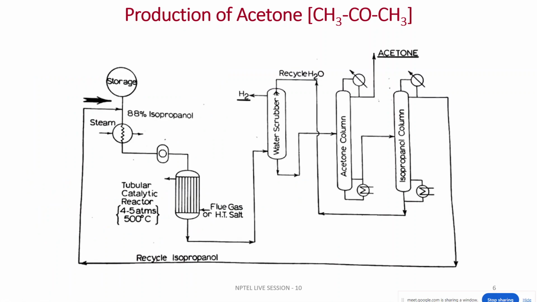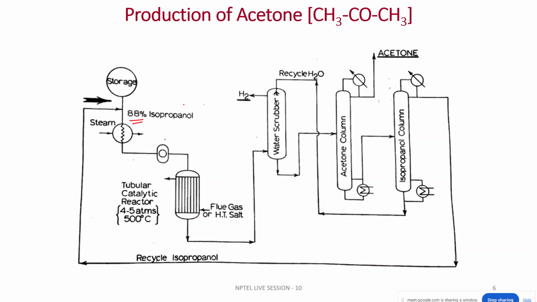So now we will discuss the flowchart to describe how acetone is produced from isopropanol. You can see from the storage you are taking 88% isopropanol.